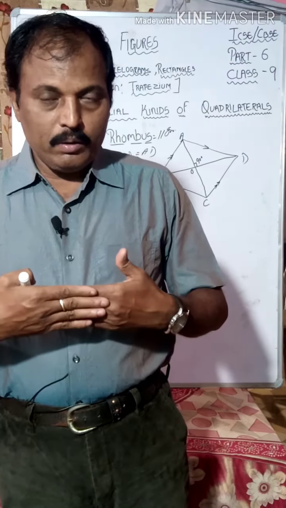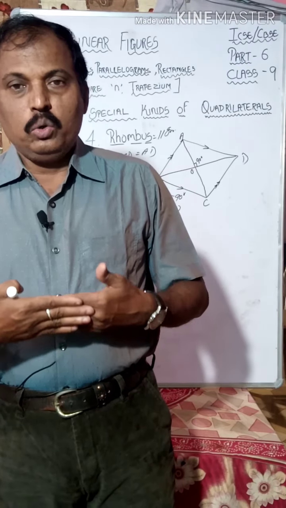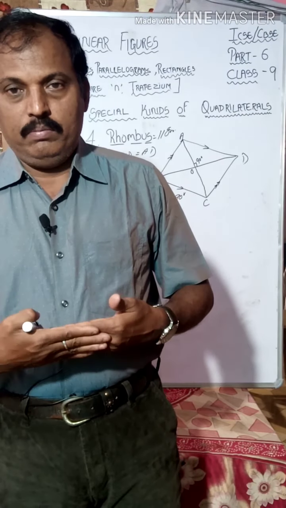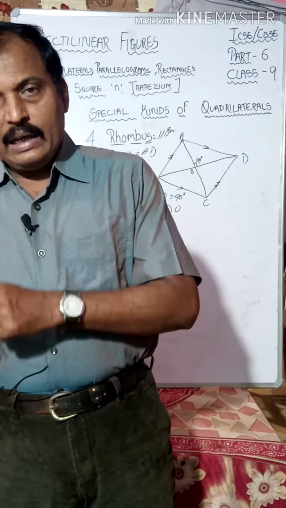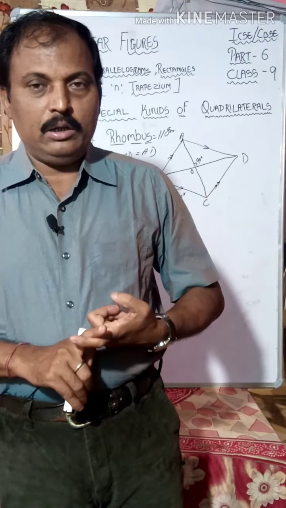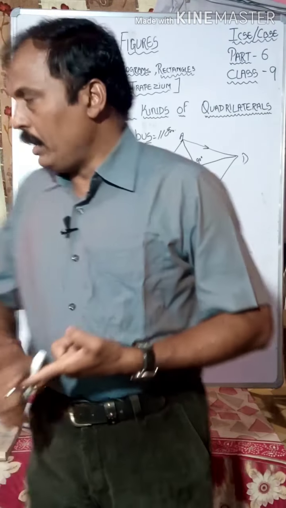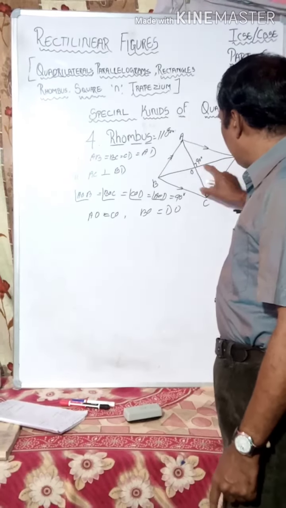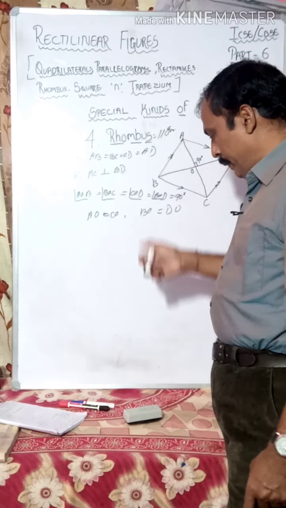But in a rhombus, the two diagonals are not equal as in a parallelogram, but they are perpendicular to each other and bisect at a point, meaning AO is equal to CO, BO is equal to DO.